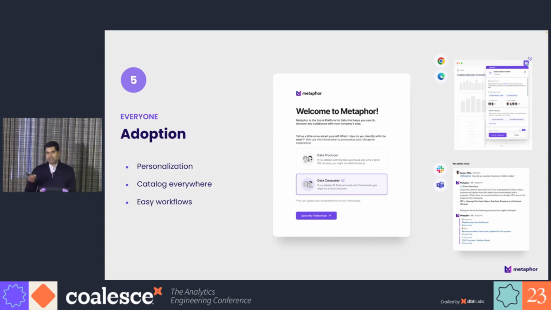What does it mean? If you're working in Slack, having a conversation with your teammates, make that metadata available there. Or if you're looking at a Power BI dashboard and doing some analysis or reporting, make that metadata available there. Or if you are querying data in a Snowflake console, make it available there.